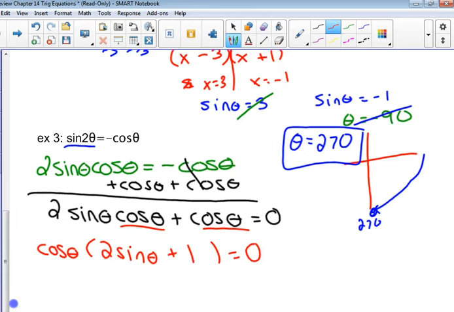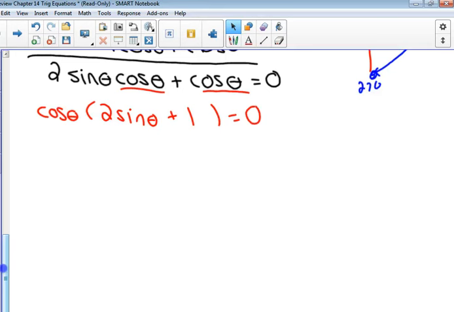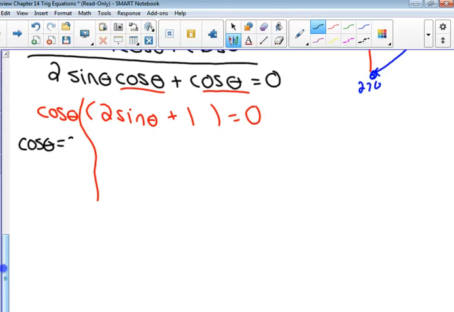Good. By separating this GCF, it separates the functions, so then you can deal with them each individually. So when we separate these, cos theta equals 0. Then we do the other side, 2 sine theta plus 1 equals 0.